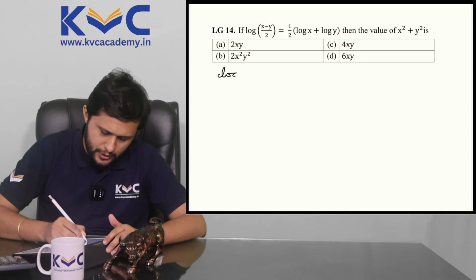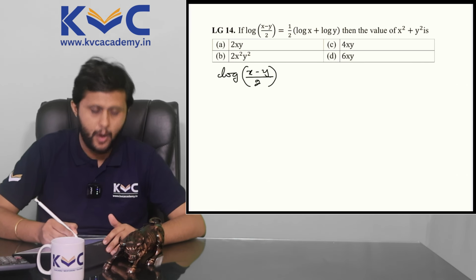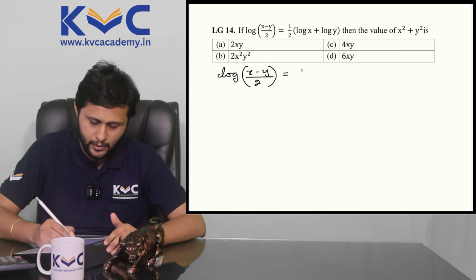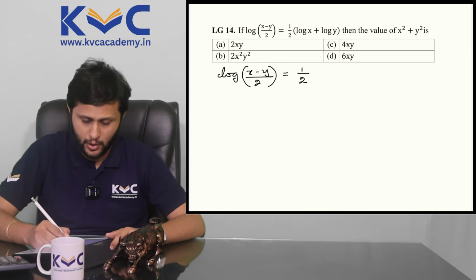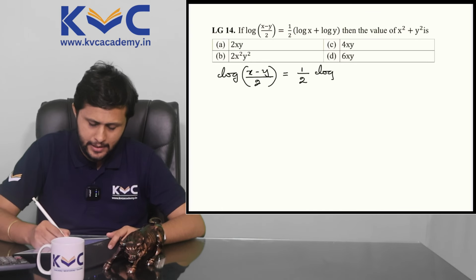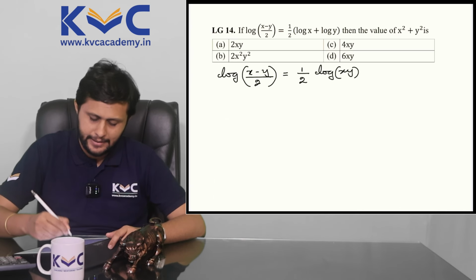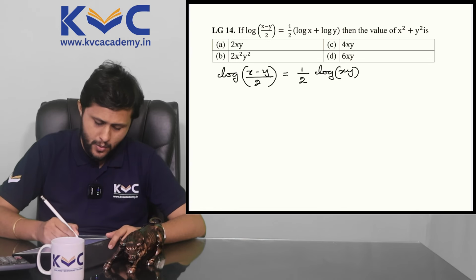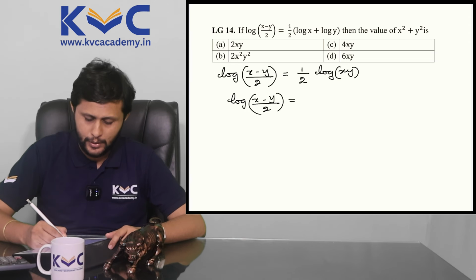Okay, so the given question, left hand side, I don't think I should simplify as of now. There is nothing outside logarithm, everything is inside. Equal to 1 by 2 is outside, but first I can simplify log x plus log y. How much is log x plus log y? Log xy. Now I can take this 1 by 2 inside. What happens? We have log of (x minus y) by 2 remaining in the left hand side, equal to right hand side.